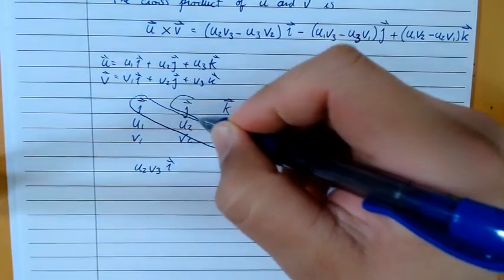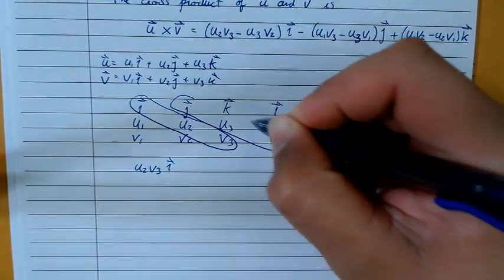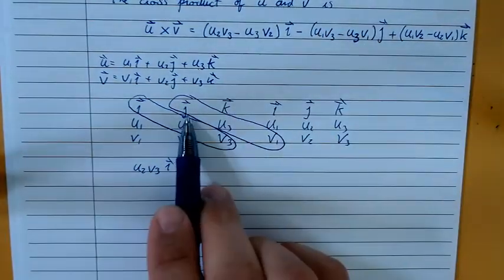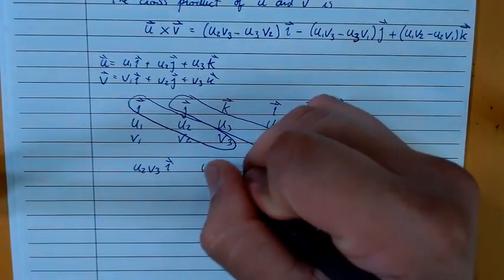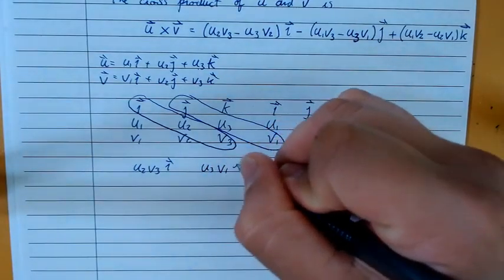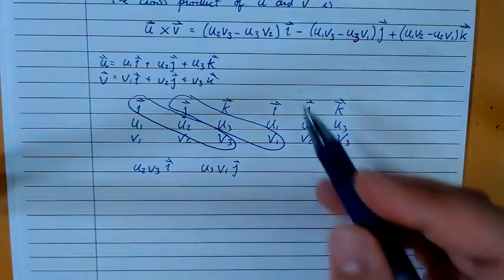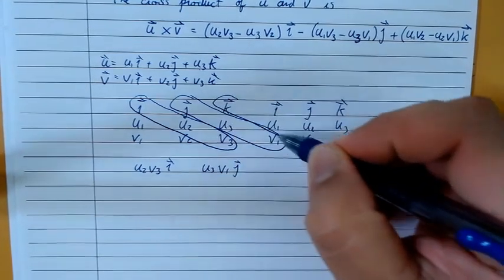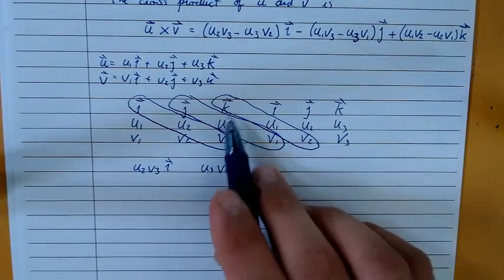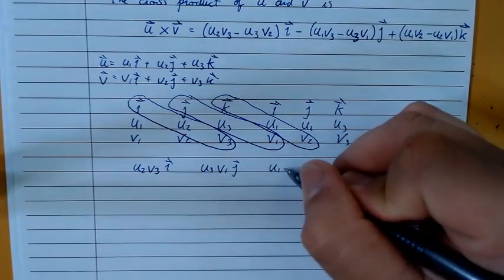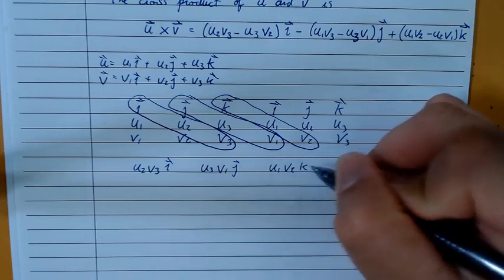And then we'll do it again. That's going to be u3 v1 j. And then you're going to take these and multiply those as well. That's u1 v2 k.